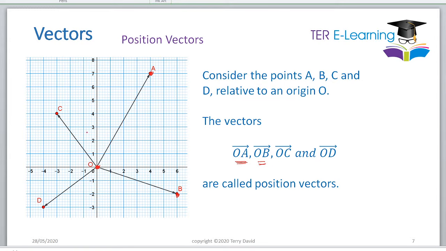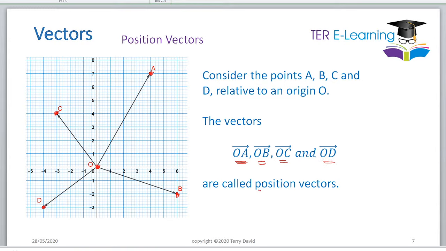The point C is across here, and if we start at the origin and move to point C, that vector is called OC. We have another point here, we're going to call it D, and we have the origin here. So from O to D, that vector is called OD.